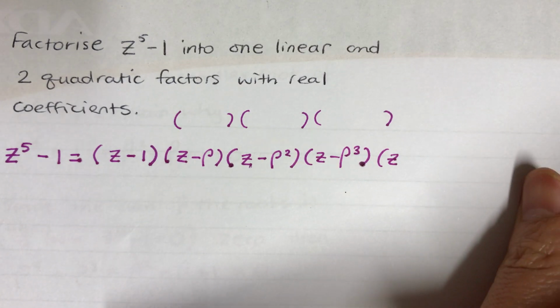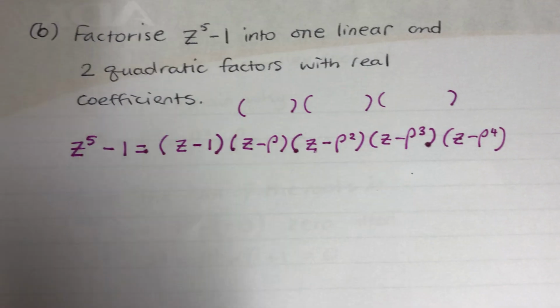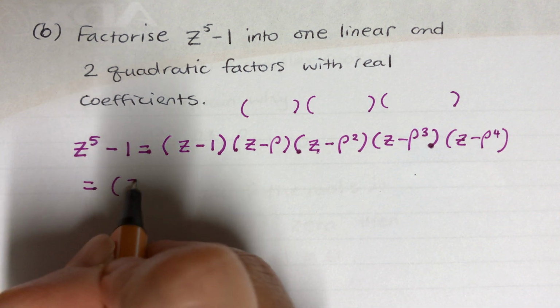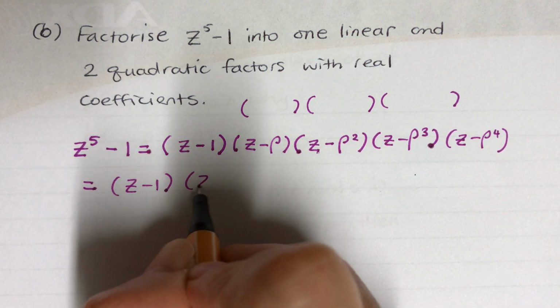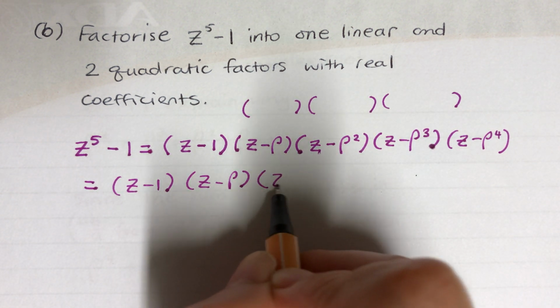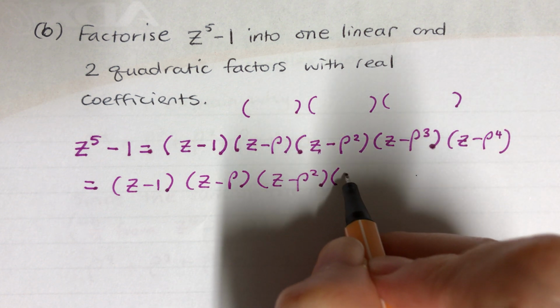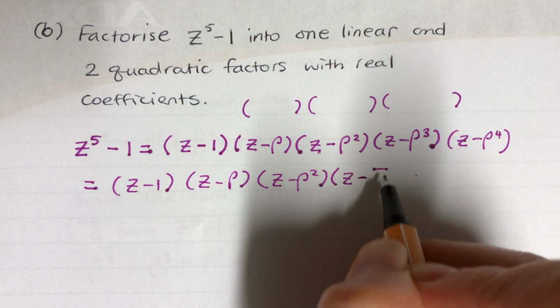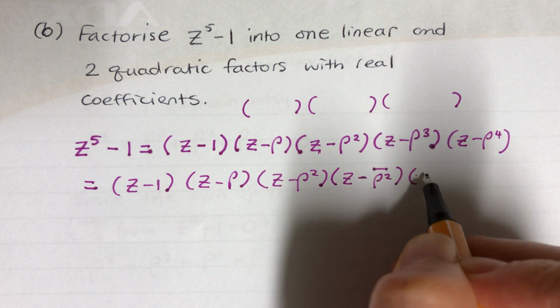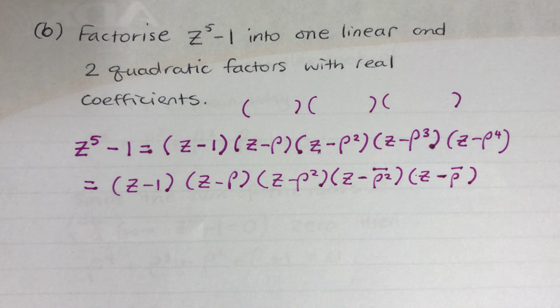Oops, can't see. And I'm going to tidy it up with 1, rho. That was okay. Up to here was okay. Now we're going into conjugate pairs here. So we got 1, 2, 3, 4, 5. Yep. So that's pretty good.